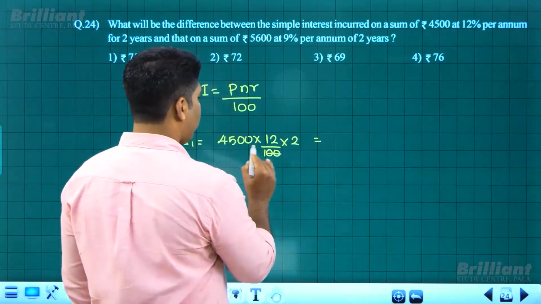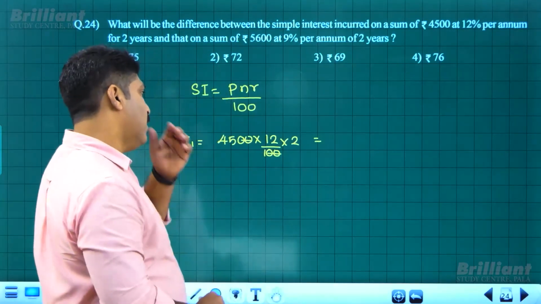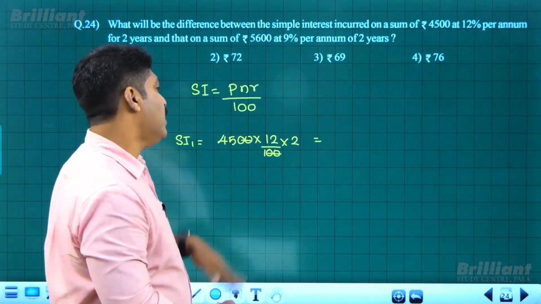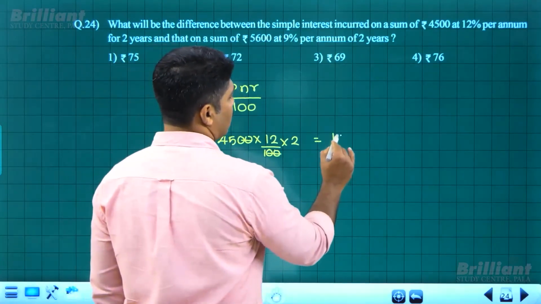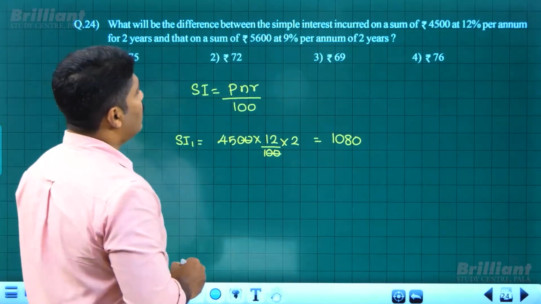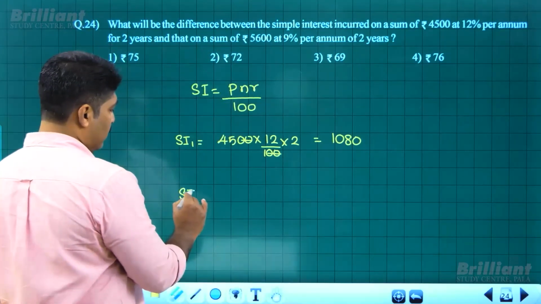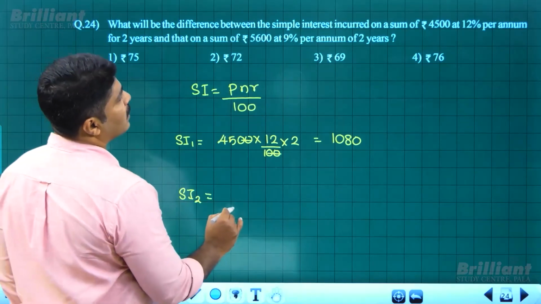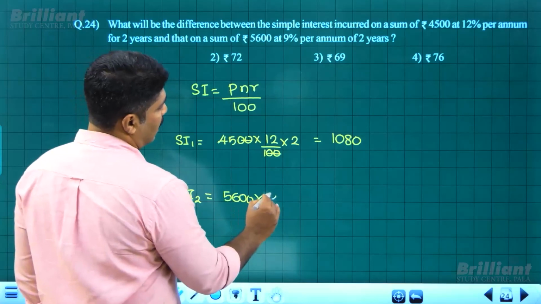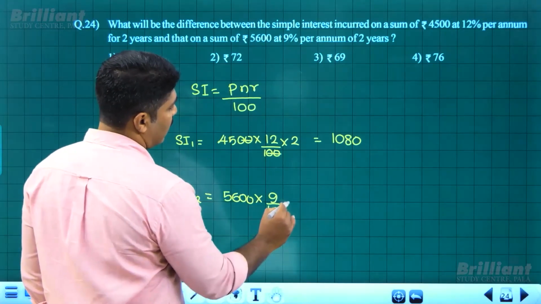So we have to find out this value. If you are simplifying this one, this is 45 into 2, 90, 90 into 12. So that is 1080, rupees 1080. And the second one, that is simple interest 2. So there the amount is 5,600 and the rate of interest is 9%.